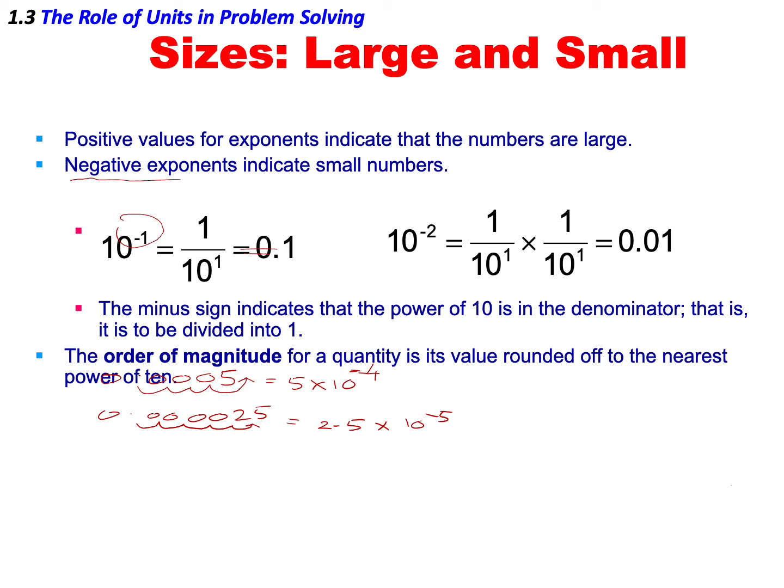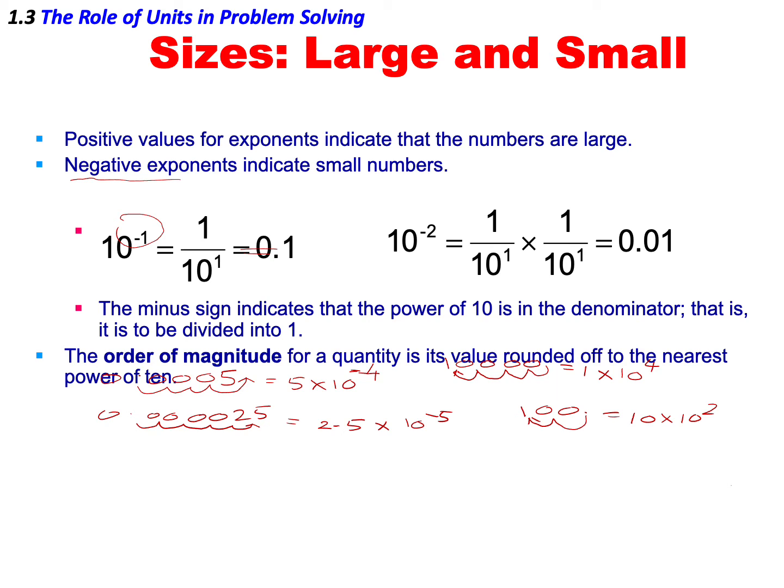And similarly, large numbers you can write. 10,000: the decimal point is here, 1, 2, 3, 4 positions to the left, and I can write 10 to the 4. 100: the decimal position is here, 1, 2, so 1 times 10 to the power 2.